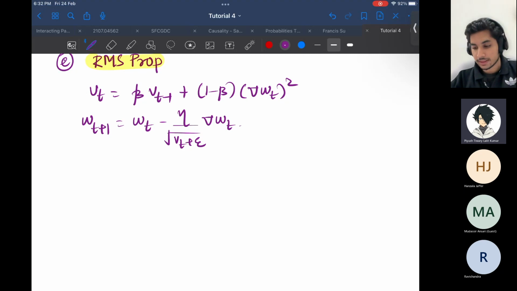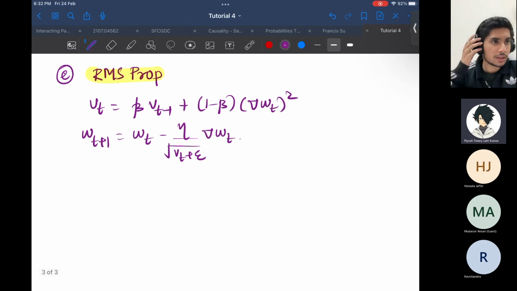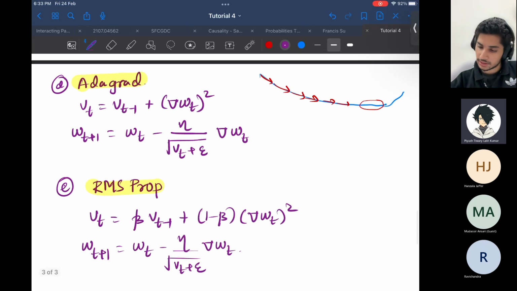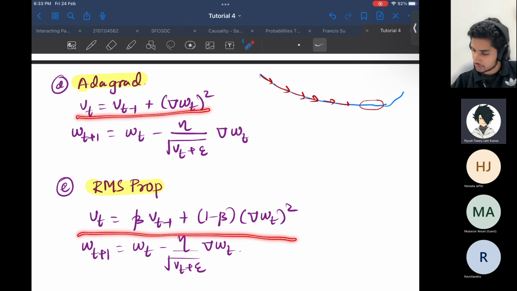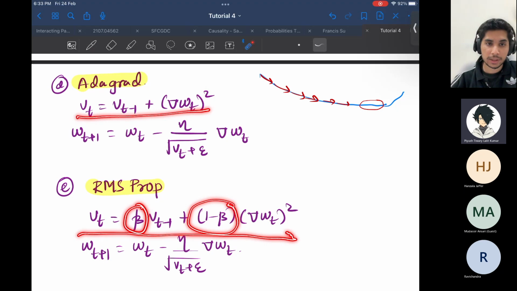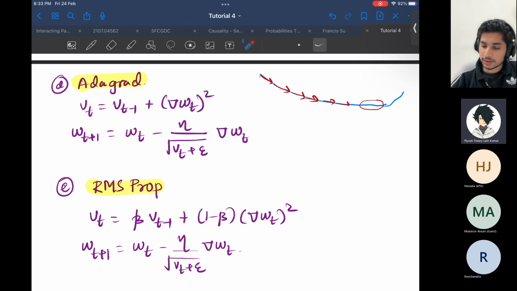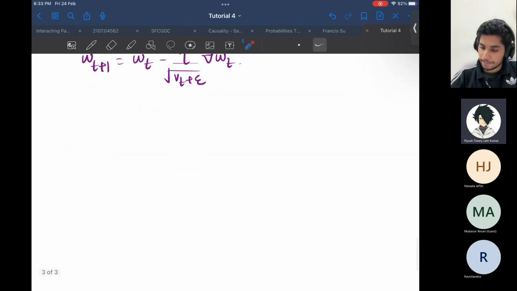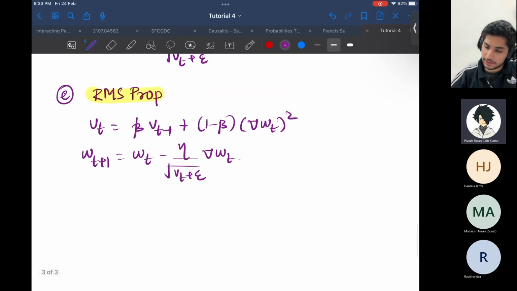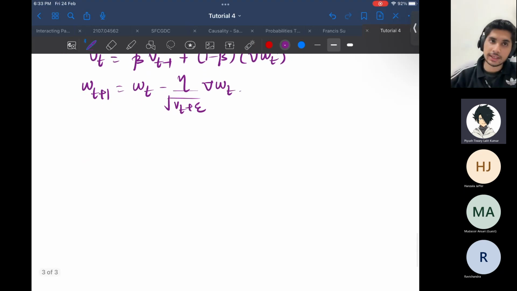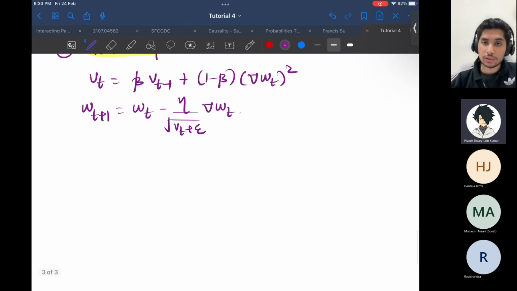So this is the idea of RMS prop, a very minor change, as you can see. If you observe these two equations, the only difference is that you are multiplying with beta and 1 minus beta. This comes because you don't want to give equal information to these two terms, as is the case with AdaGrad.